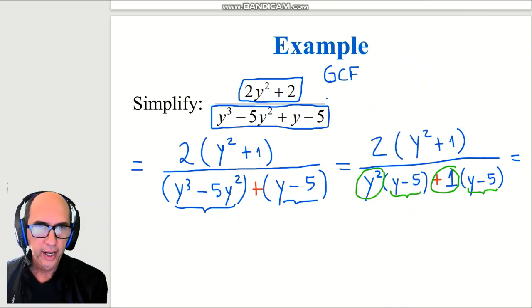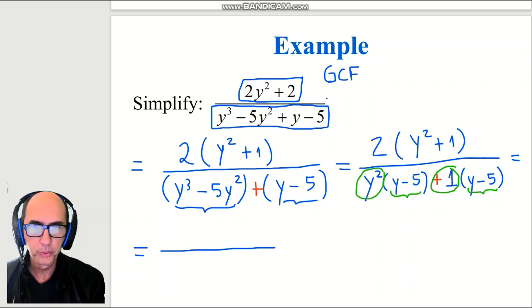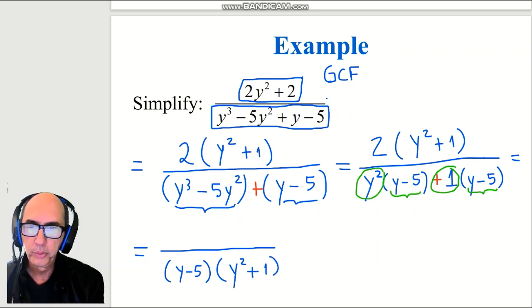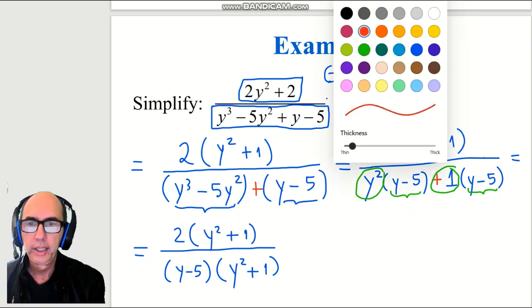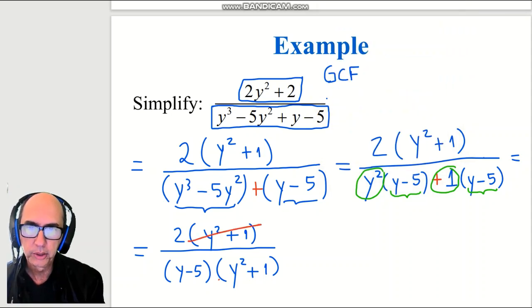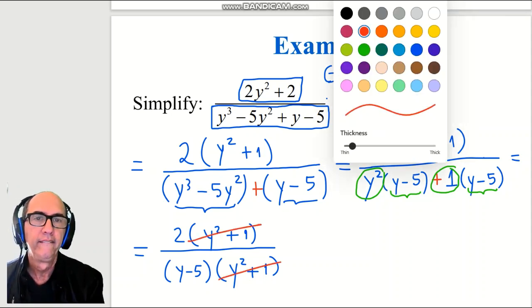Look, now we have this chance to factor out y minus 5. And then we have y squared plus 1 on the bottom. And on the top, we have 2 times y squared plus 1, which is very good, since we can cancel y squared plus 1, y squared plus 1.